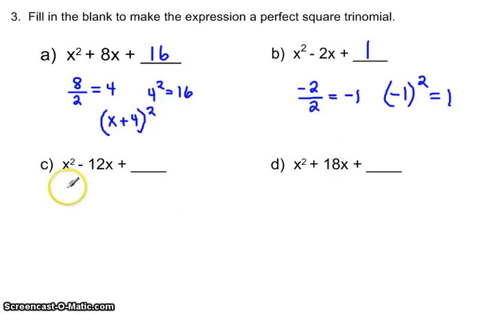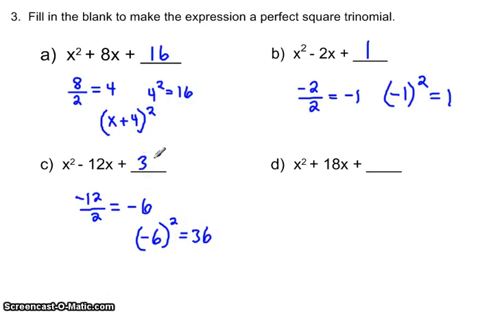Part C, x squared minus 12x plus what? Well, we're going to take the negative 12, divide it by 2, means we get a negative 6. Negative 6 squared gives us positive 36. So that's what goes in here.